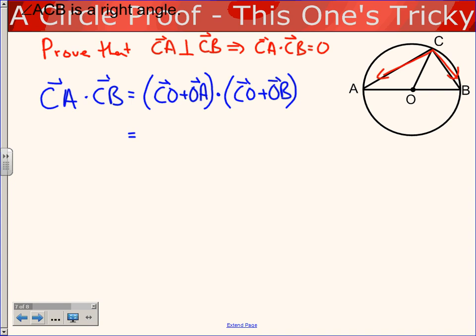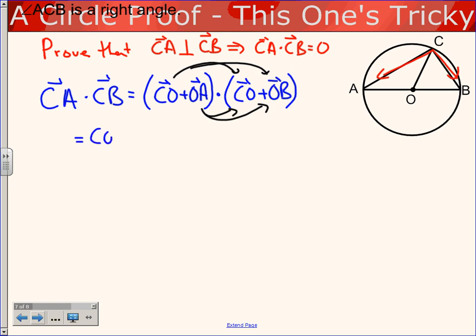The next step is using the distributive property. Because remember, properties of the dot product, we said it's distributive. So I am allowed to distribute through the brackets. Now remember, as I do that, we're dot producting all of the answers. So I'm going to slide this over just a little bit so I have more space.